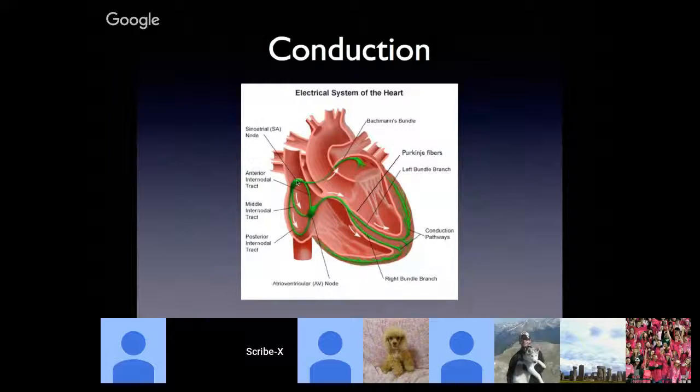The P wave is formed by the atria contracting and then repolarizing. The AV node is where that PR interval is going to occur as the AV node processes the signal that it receives from the SA node. And then the QRS complex is formed by this transmission along the Purkinje fibers, and the powerful muscular walls of the heart contract, and that gives rise to the QRS complex.